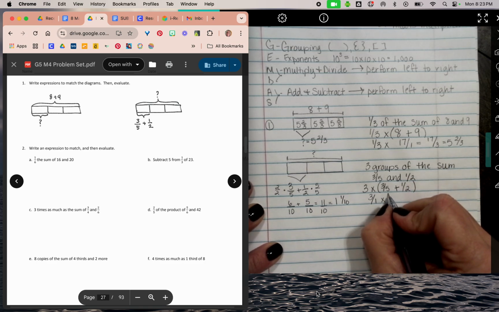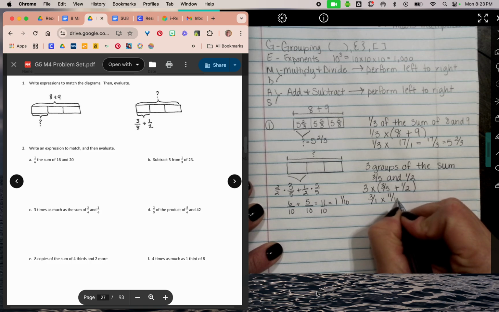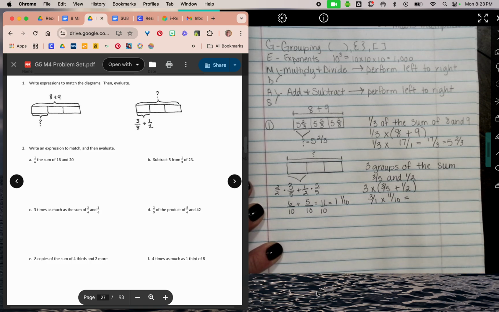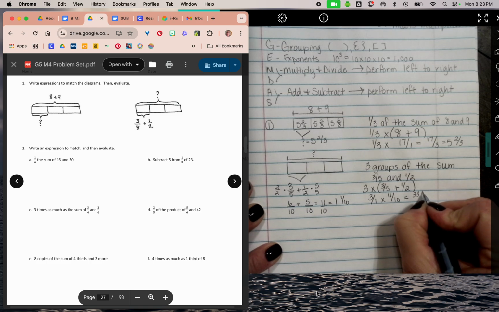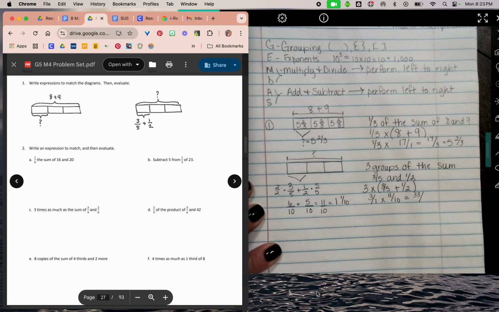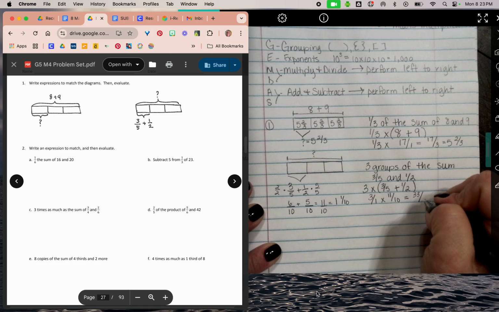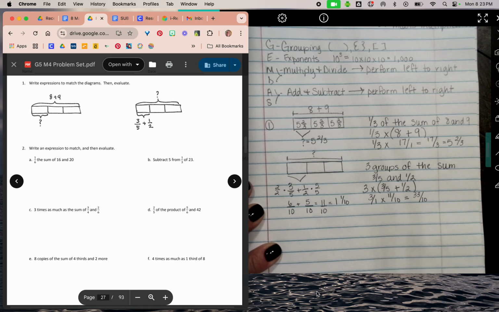So I'm going to bring over my 11 tenths. Now we're going to follow the same thing that we always do when we multiply fractions. Numerator times numerator, so 3 times 11 gives me 33. And then denominator times denominator, 1 times 10 is 10. So I have 33 tenths.